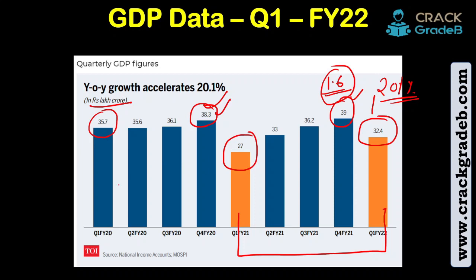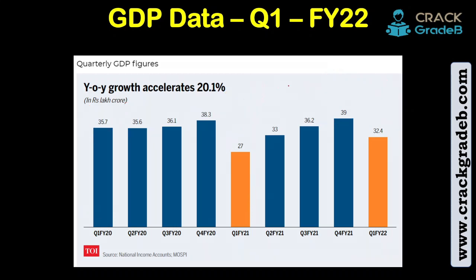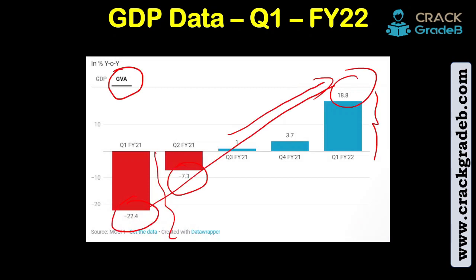Now again, the same. Quarter one FY 20 is compared to quarter one FY 2021. So this 35 is compared to this 27, and we get minus 24.4, which you have seen in the slide before.